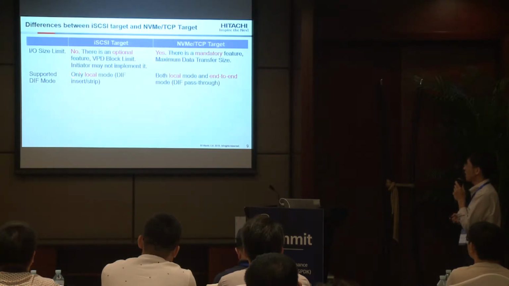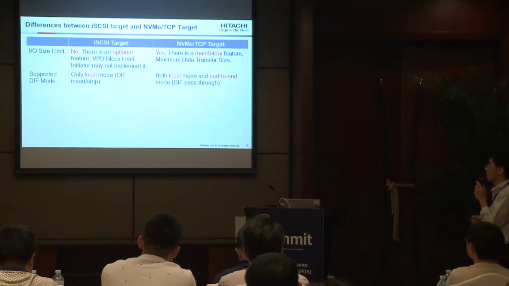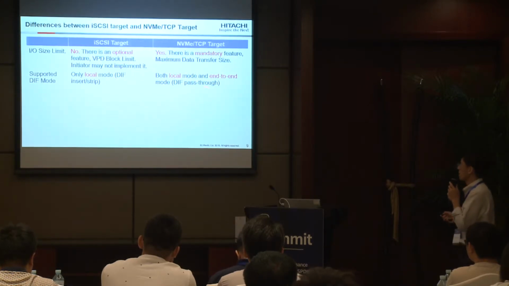And the next difference is the supported DIF mode. The iSCSI target only supports DIF insert and strip mode, but the NVMe over Fabrics target supports end-to-end mode first, and then local mode in the next version.